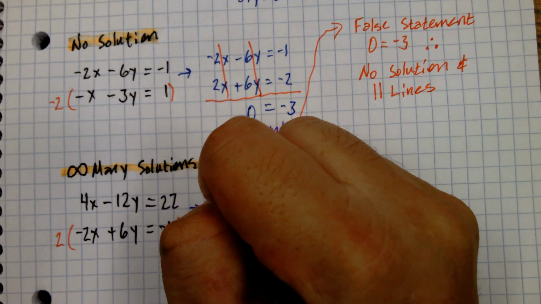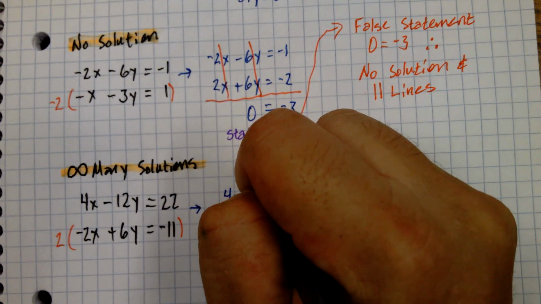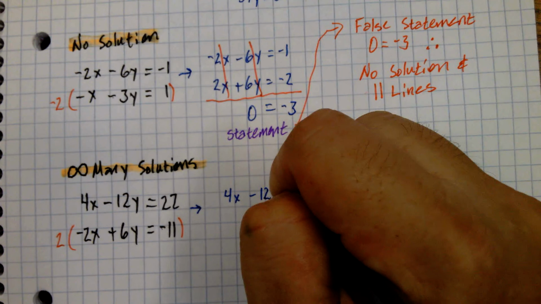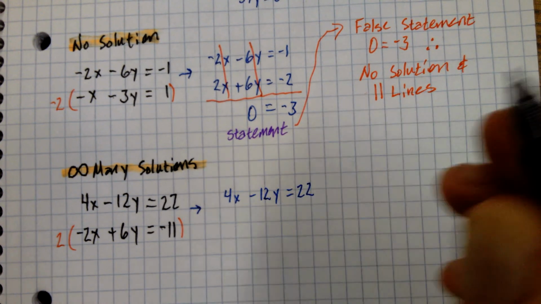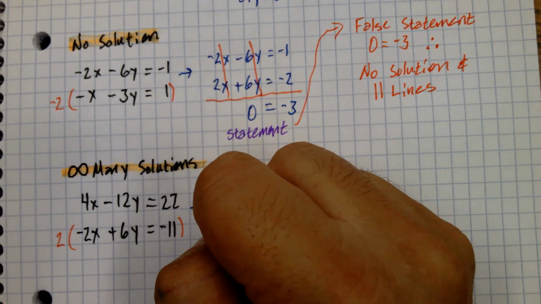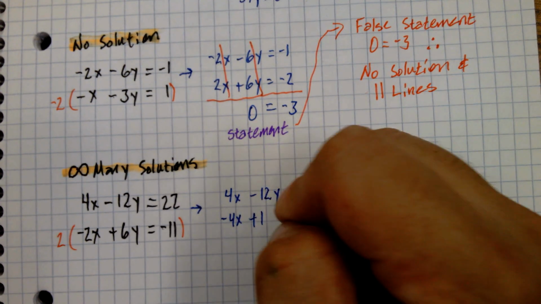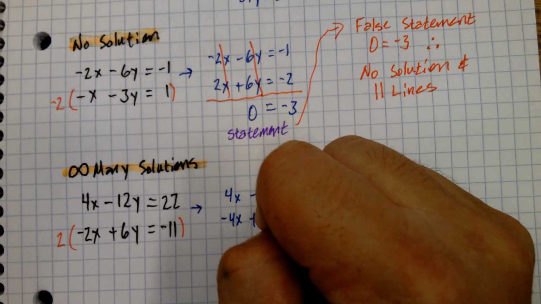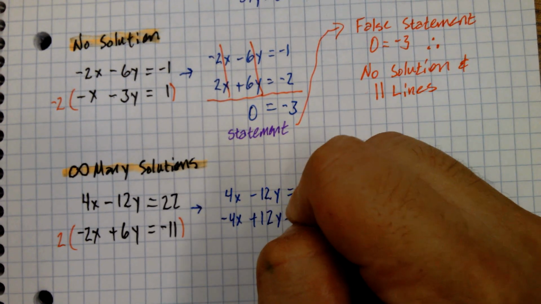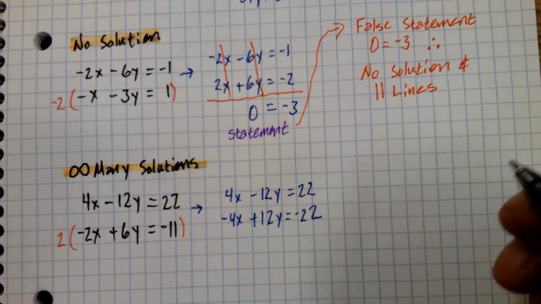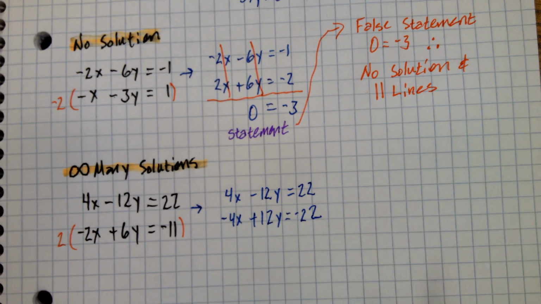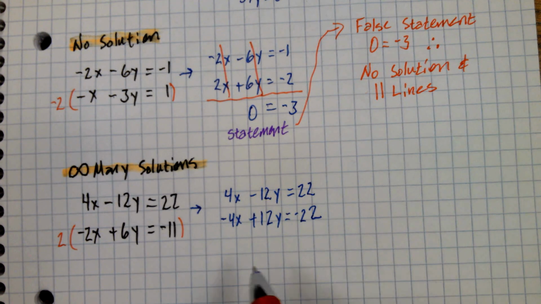In this case, I get 4x minus 12y equals 22. And then I'm going to get negative 4x plus 12y equals negative 22. Okay, so let's see what that gives us.